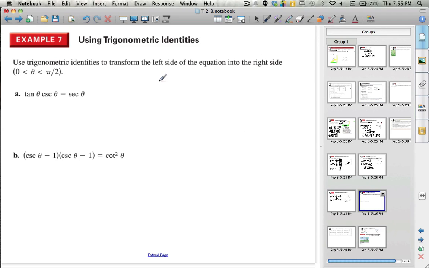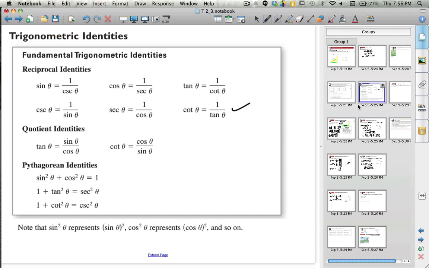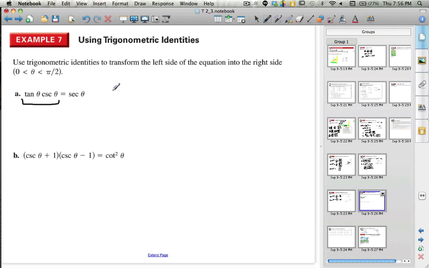Okay, so use trig identities to transform the left side of the equation into the right side. So what they're asking me to do is change this appropriately until it becomes that. Well, I know that tangent is sine over cosine, and I know that cosecant is 1 over sine. So those are both changes that I could make.